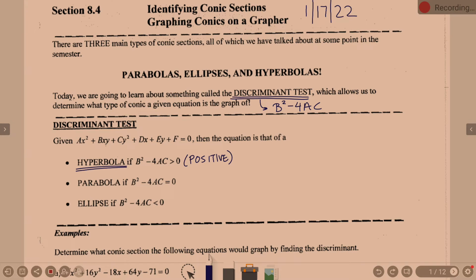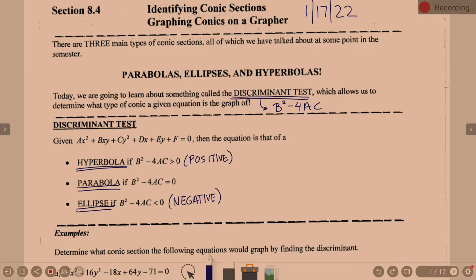If b squared minus 4ac equals 0, you know it's a parabola. And if b squared minus 4ac is less than 0, what does less than 0 mean? Negative. Then it's an ellipse. So knowing those values, you can figure out what each of these is without graphing, without doing all the work of solving.